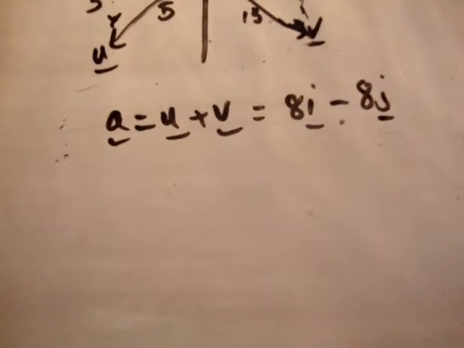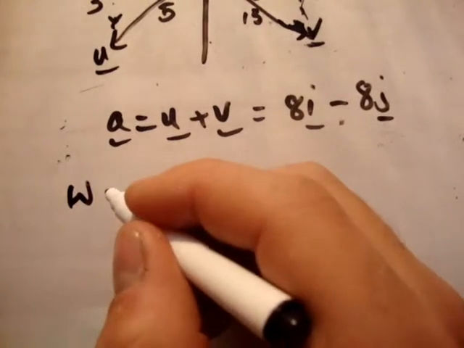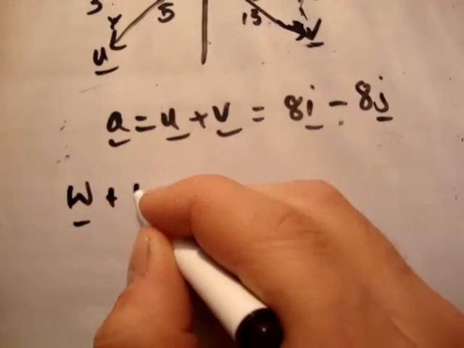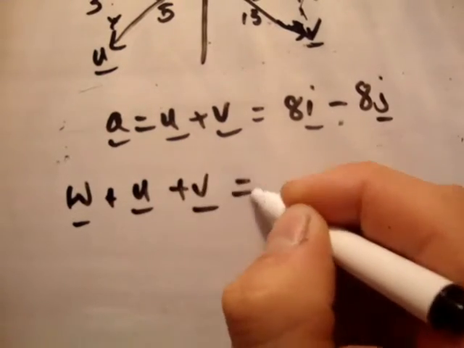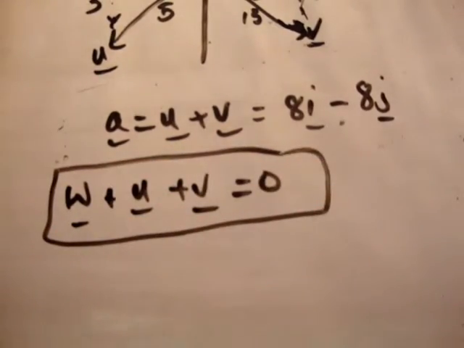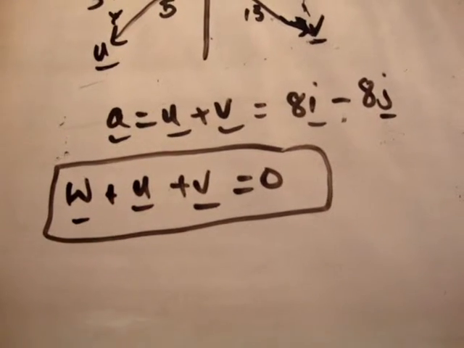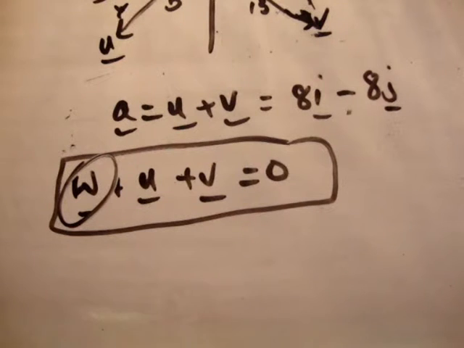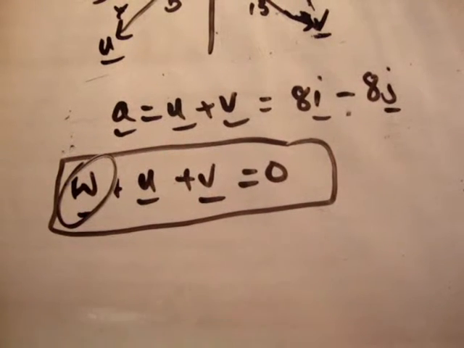Now, what's next? We're given that a vector exists called w, whereby w plus u plus v is equal to 0. Now we're asked to find what w is. Well, we don't know what w is. Let's just say that w is a resultant vector made up of two component unit vectors.